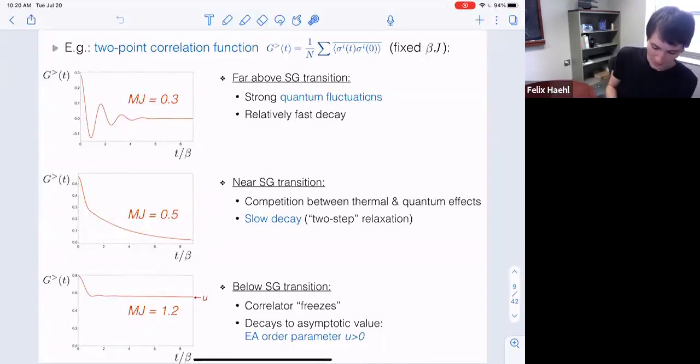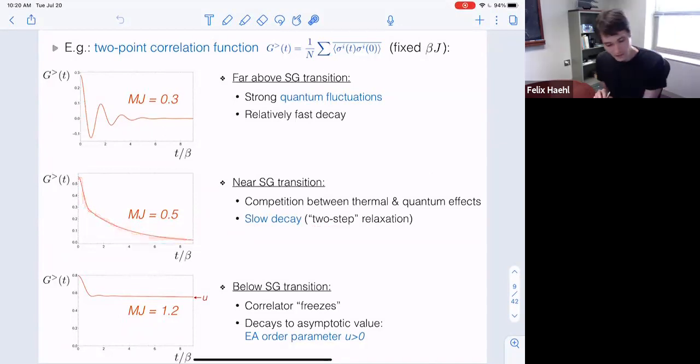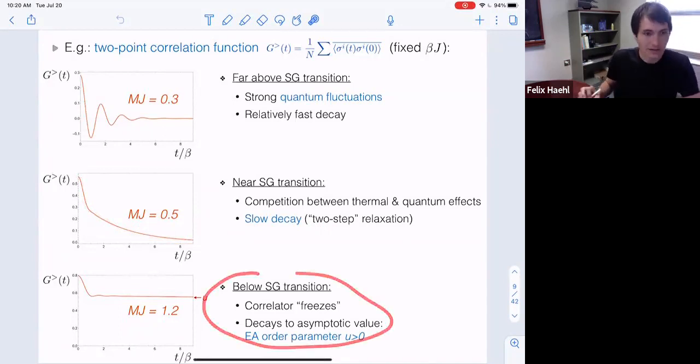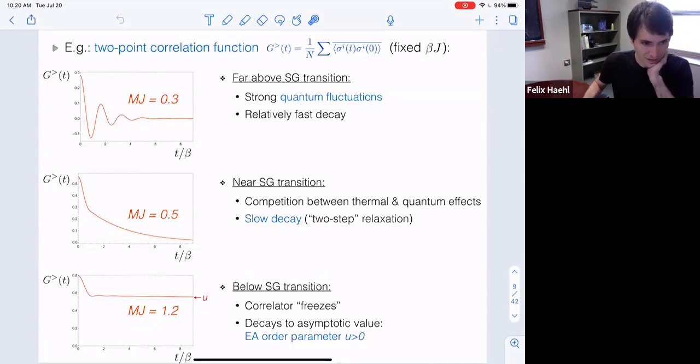It follows some interesting two-step behavior, but it's not going to be too important. The point is that the dynamics slows down, and as you cross the transition, in this third case, we're now in that other phase, the spin glass phase, and the dynamics in some sense freezes completely.